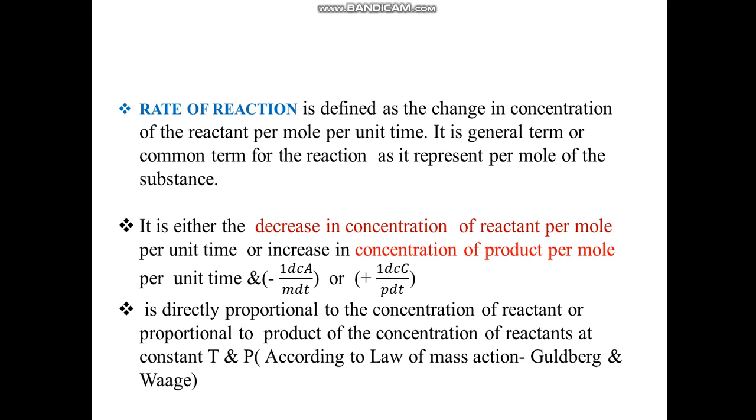That is, for the reaction Ma plus Mb giving Pc plus Qd, it can be represented as minus 1 by M dCA by dt, or plus 1 by P dCc by dt, where 1 by M represents per mole, and dCA by dt with the minus sign is the decrease in concentration, or the rate of disappearance of the reactant, where 1 by P stands for per mole of the product C, and plus dCc by dt stands for the increase in the concentration of the product.